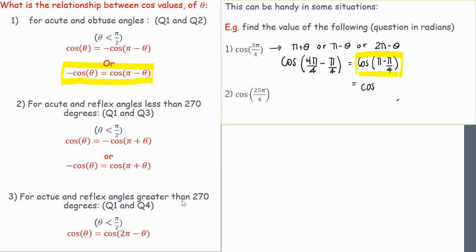So if I'm lucky, I know that cos pi on 4 is 1 over root 2, again using triangles, and I just stick a negative sign in front. So cos 3 pi on 4 is really equal to minus 1 over root 2.